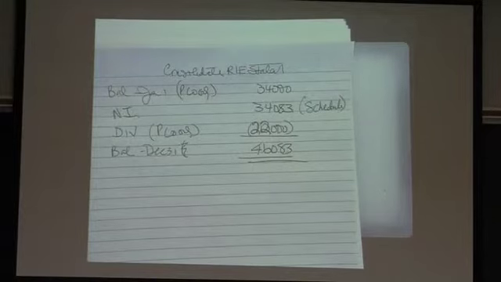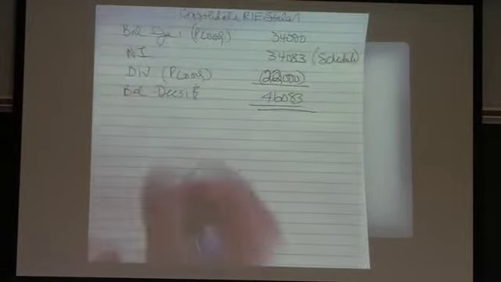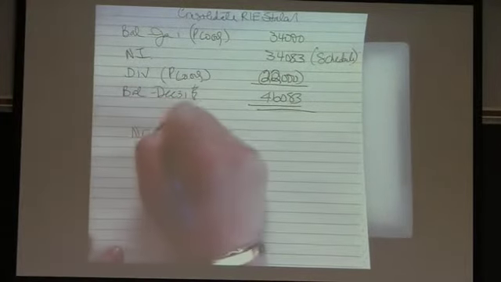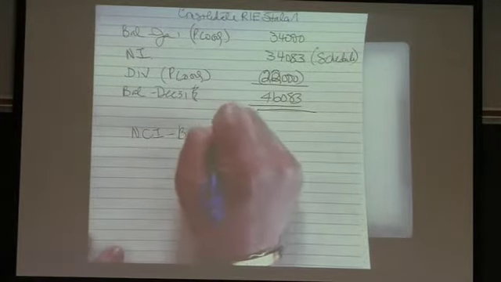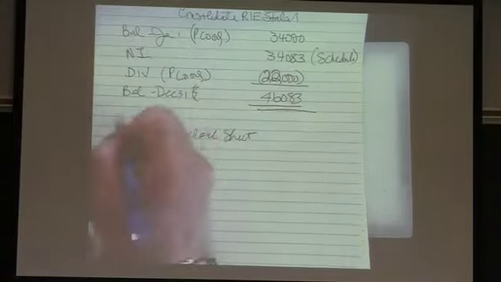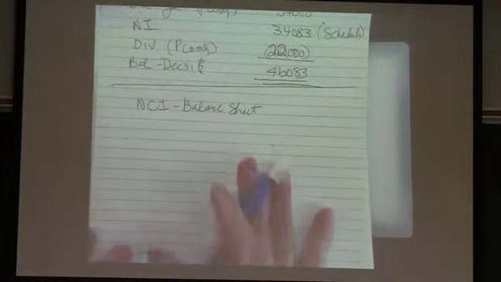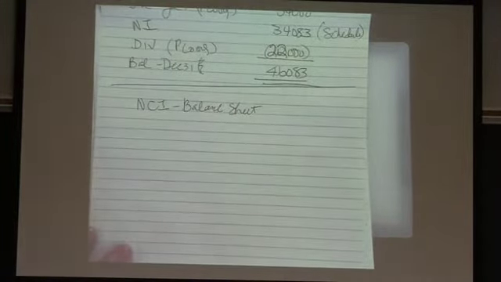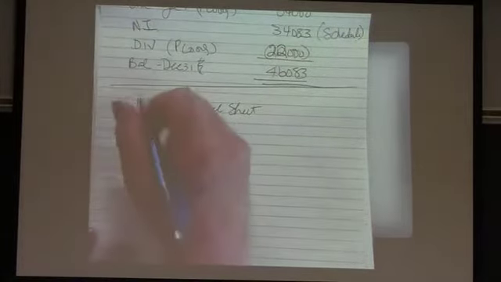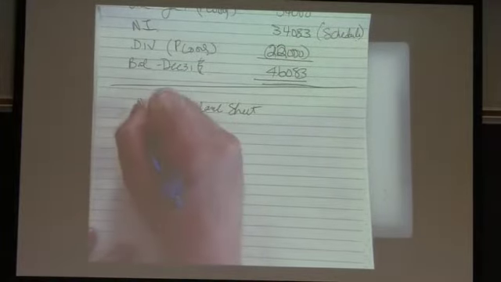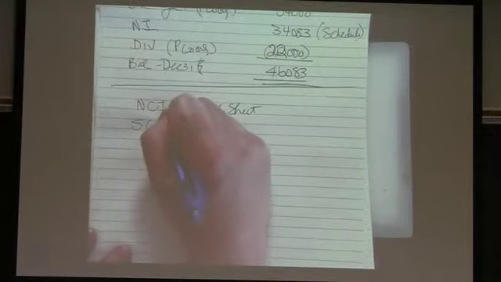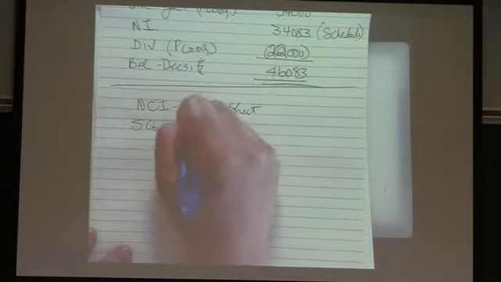Okay, now, before I do the balance sheet, I need to calculate the NCI balance sheet. That's my next step, okay? So again, just like I did the other one, let's figure out the S company's shareholders' equity.